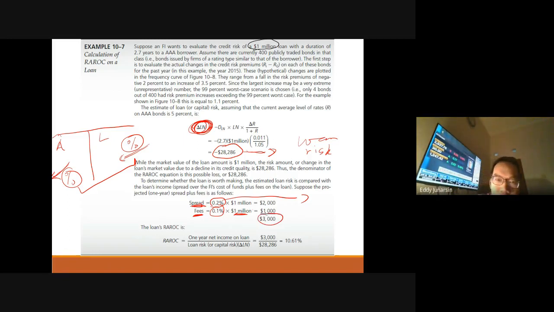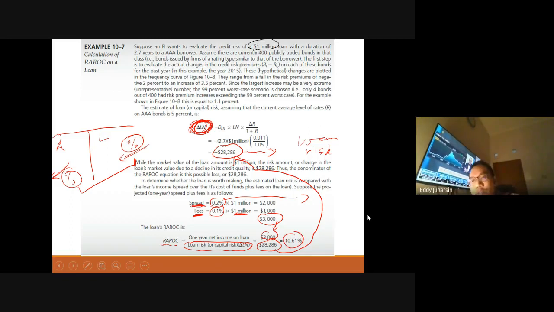So you see the model again here, risk-adjusted return on capital. So the numerator is this one, the proceeds that we will get, 0.3% in total of 1 million, so 3,000. And then the denominator is again the risk, loan risk. So this loan risk was estimated using the duration method, right, to find the change in the loan value because of the change in interest rate. So we get 10.61.